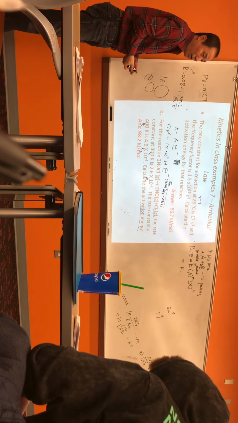So any temperature and rate constant should remind you of the Arrhenius equation. But when you have two of them, you are using this one: ln(k2/k1) equals, what's the formula?